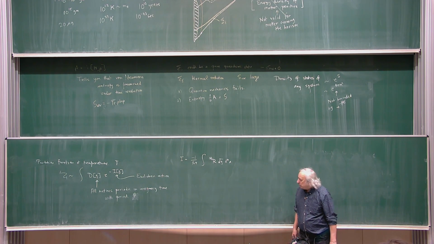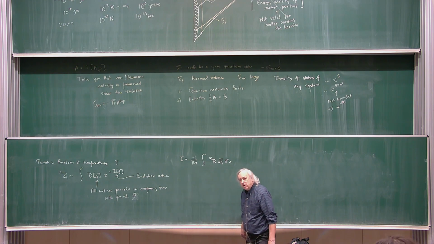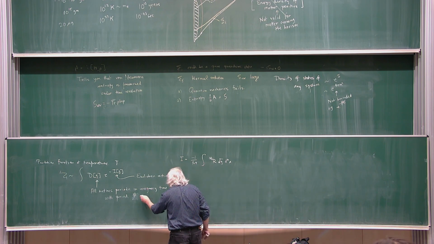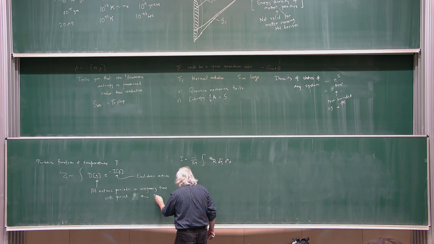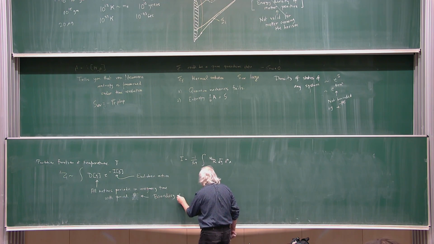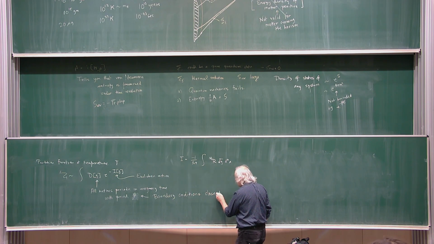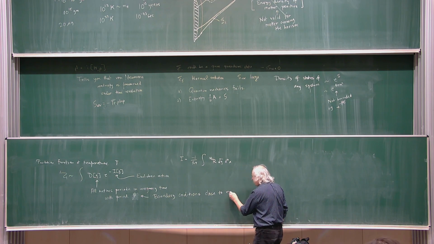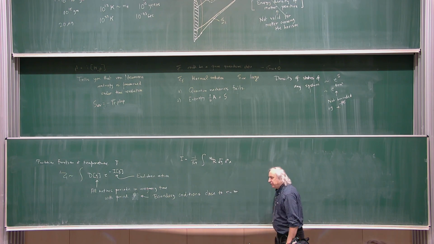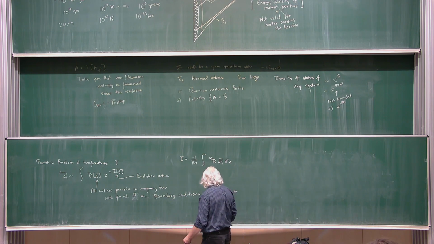The kind of thing that you do when you integrate over all metrics periodic in imaginary time is fix some boundary conditions at infinity. So here we want the boundary conditions at infinity, or close to infinity, to be such that there is a fixed metric on the boundary that is appropriately periodic.